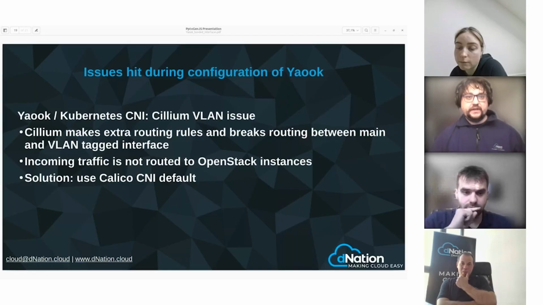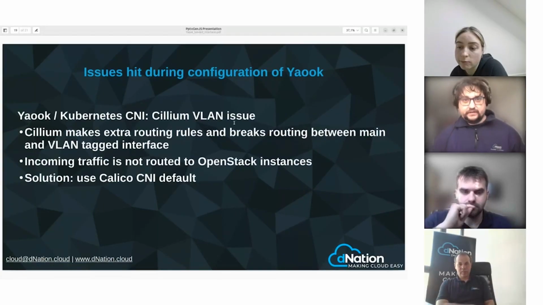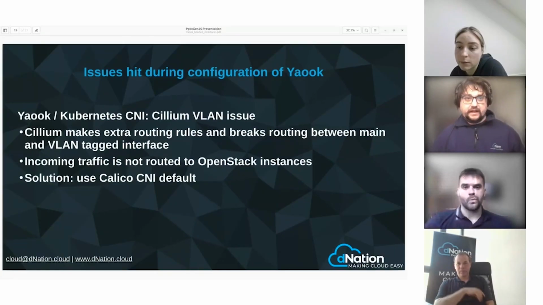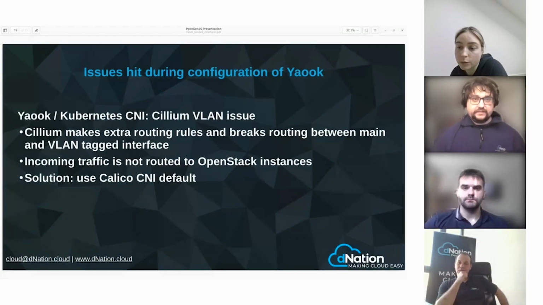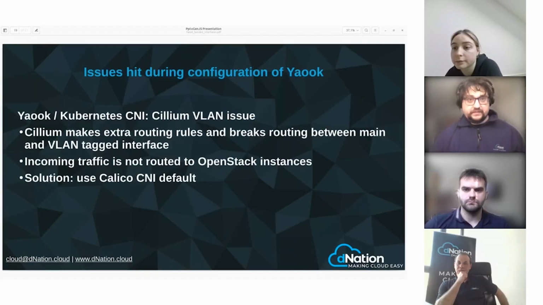Our solution was to use Calico, because Yaook recommends it. We used it on our previous installations of Yaook, and it worked fine. It was a very headache-inducing issue, but we learned new things not only about Cilium and VLANs, but also about OpenStack, Neutron, and so on.